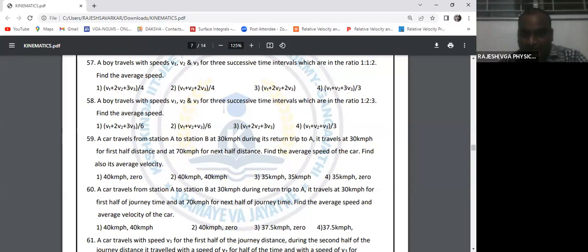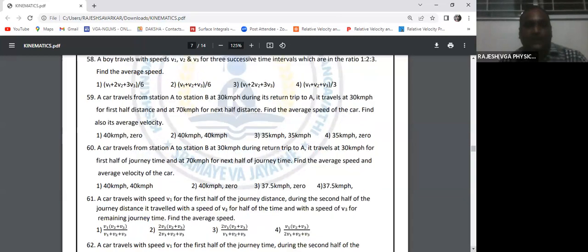Next one is somewhat tricky. From next one onwards, you have to apply double. A car travels from station A to station B at 30 km per hour. During its return trip to A, it travels at 30 km per hour for the first half distance, 70 km per hour for the next half distance. Find the average speed of the car. Here see, there are 3 types.